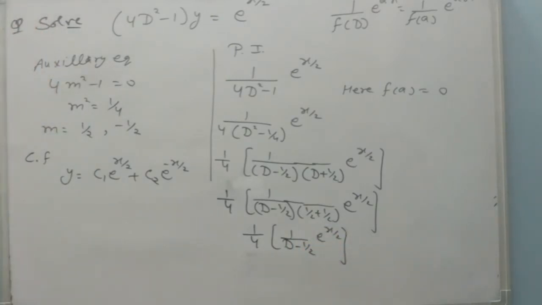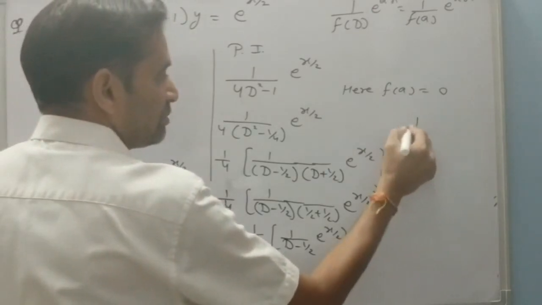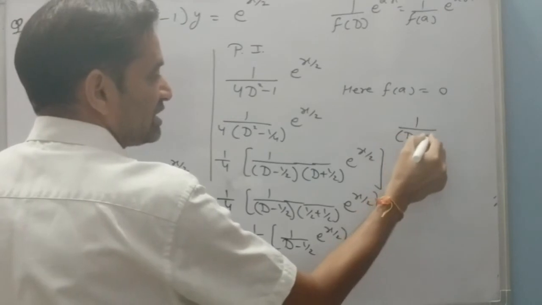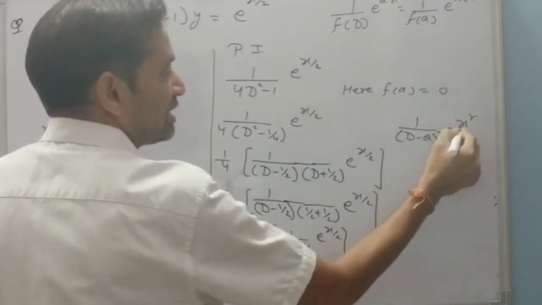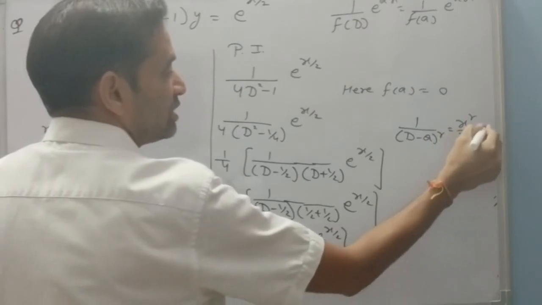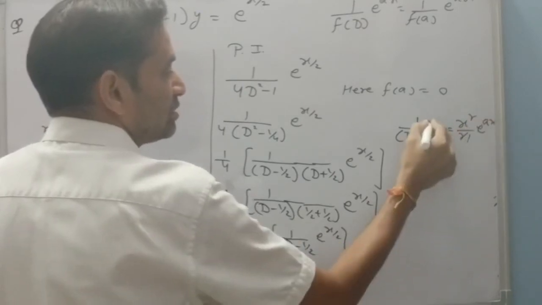Now, as I wrote previously, the important formula is 1 upon D minus a to the power r is equal to x to the power r upon r factorial, e to the power ax.